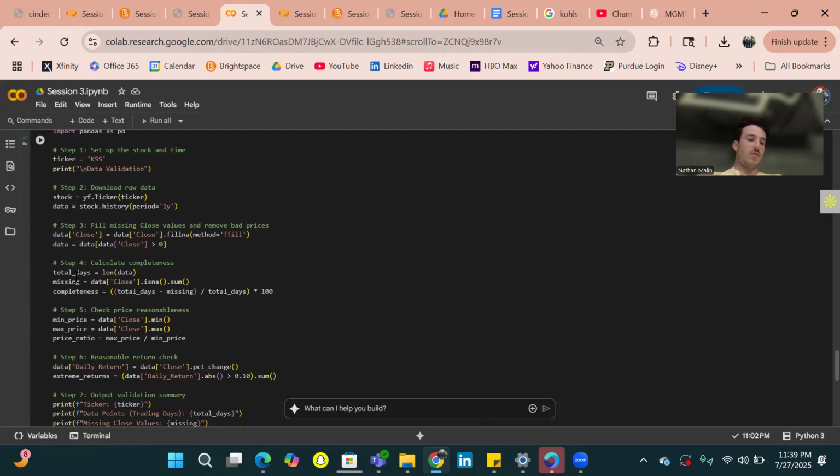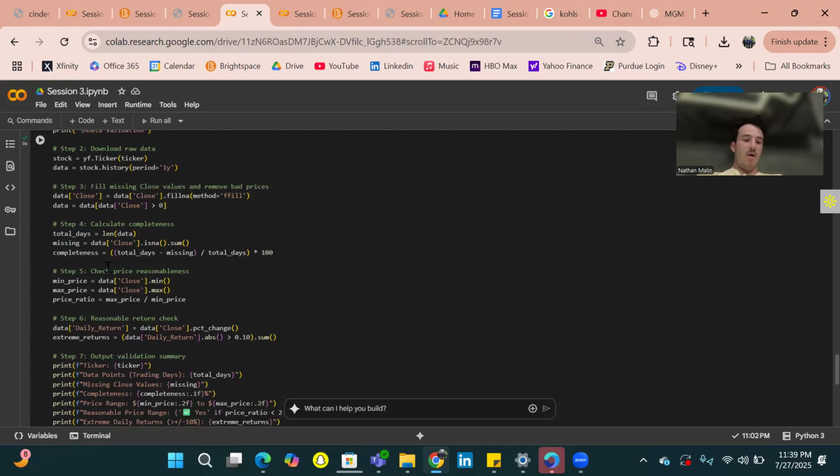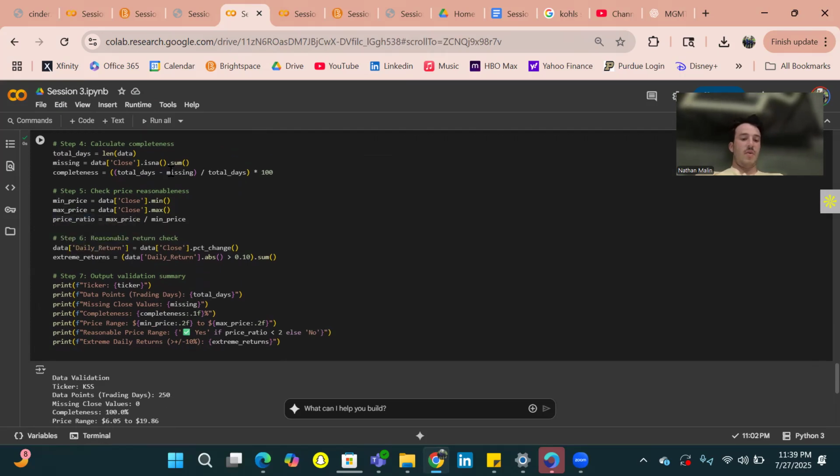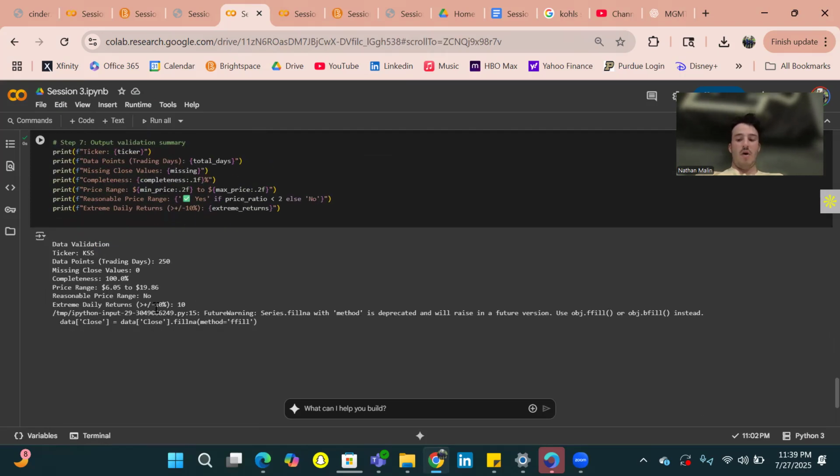Then it calculated a completeness score, so total days and all the missing days, and it obviously had 100% for the completeness. It then had a minimum price and a maximum price. And we wanted to just see how many extreme returns are more than 10%, and here are all the outputs for that.